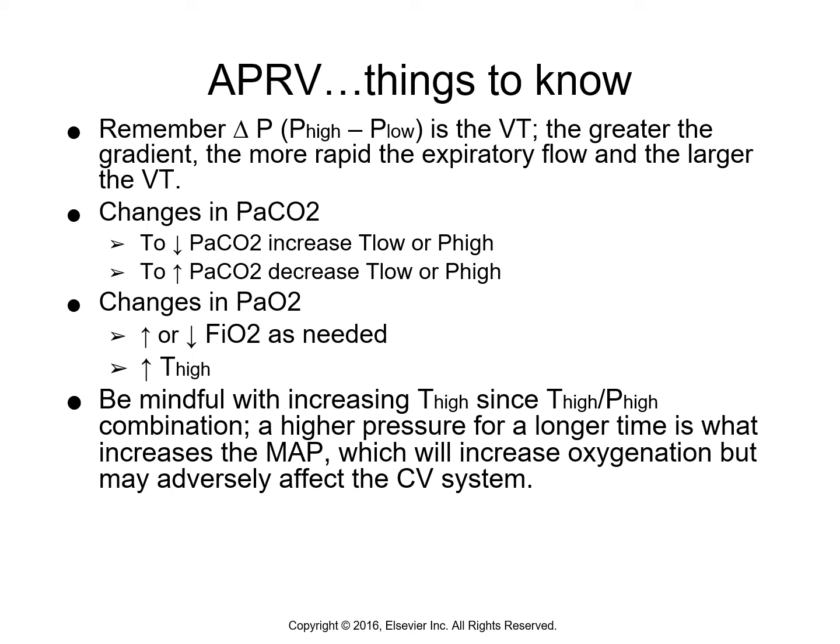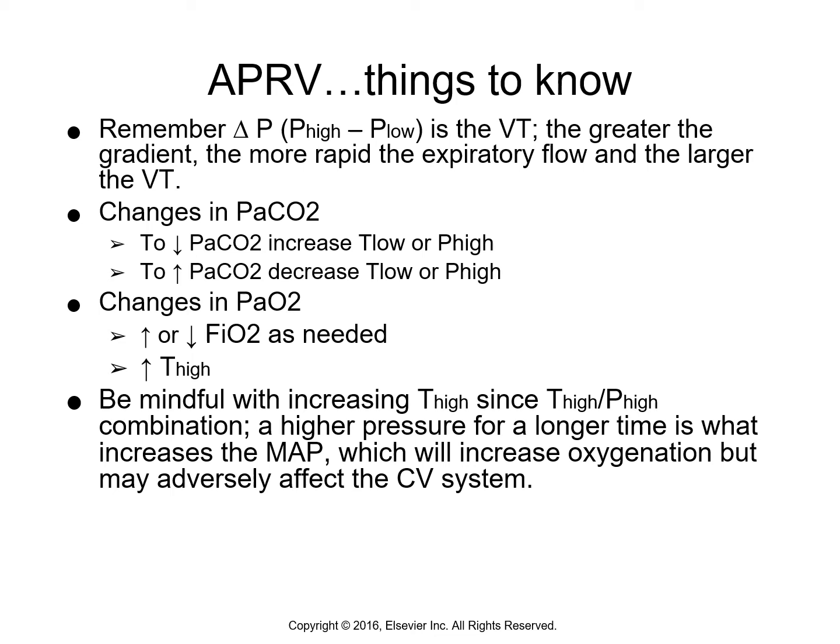If you're too acidotic and your PaCO2 is too high, you want to increase the T low time and increase your P high, so we end up giving a bigger volume.